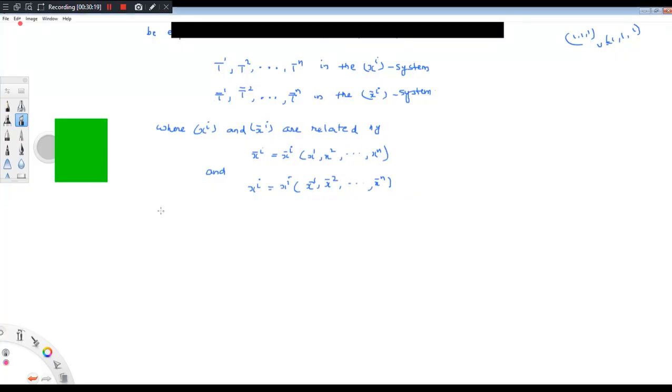Then you can define what is called a contravariant tensor. So now write the heading: contravariant tensor. What is that?